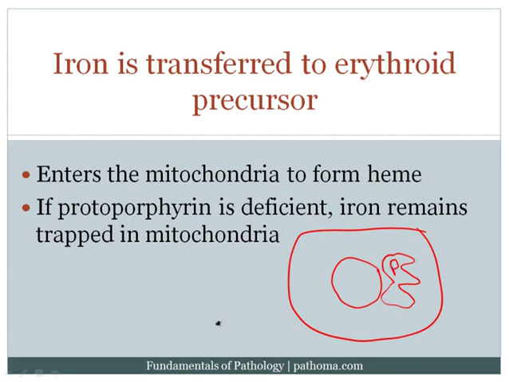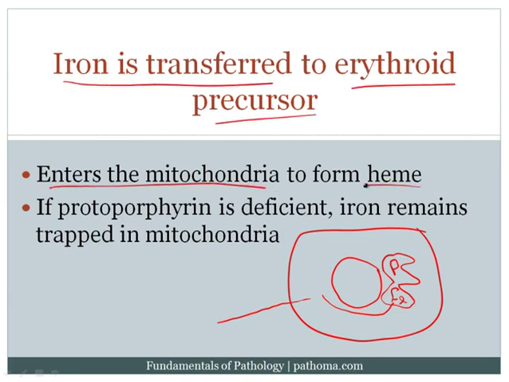At the same time, iron comes from the bone marrow macrophages, is transferred to the erythroblast, the cell that's producing the red blood cells, and then iron also gets transferred to the mitochondria. And when iron and protoporphyrin meet in the mitochondria, iron gets bound to protoporphyrin, and that's what creates heme. That's what I'm saying here: iron is transferred to the erythroid precursor, and it enters the mitochondria to form heme.